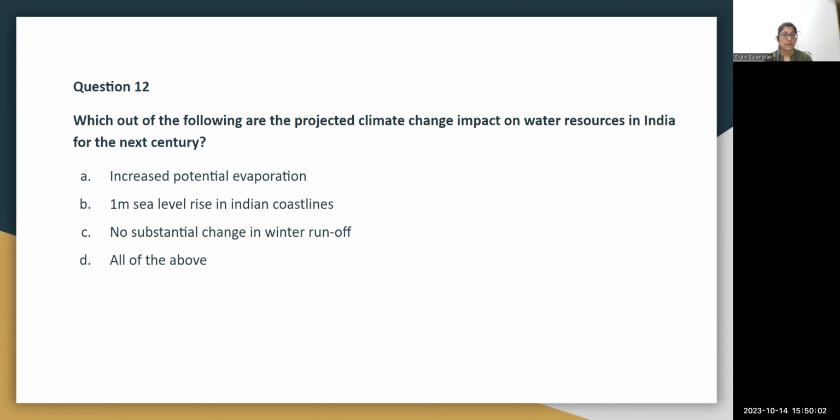Will it increase the potential evaporation, result in sea level rise, or is there no change in winter runoff? Or all of the above. What are the projected climate change scenarios for the next century in India?